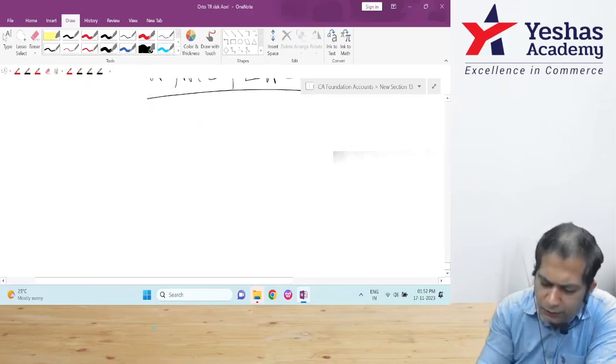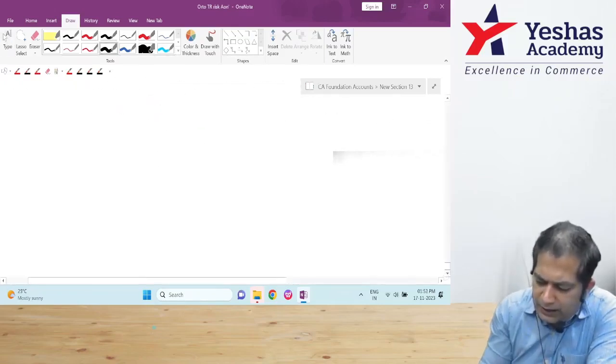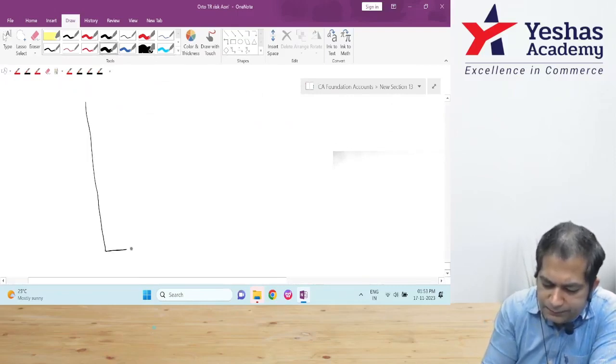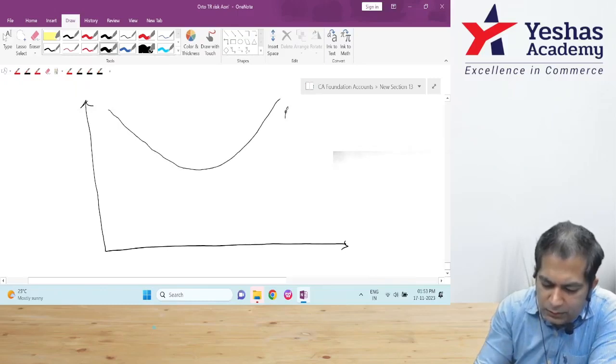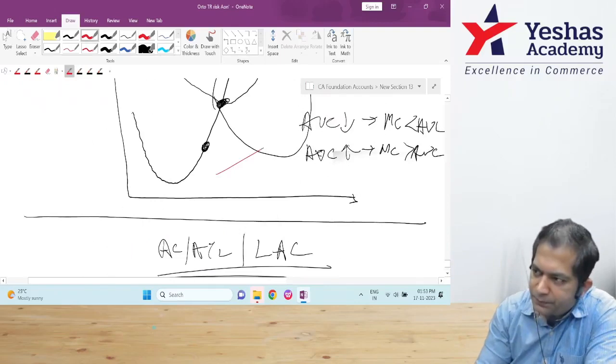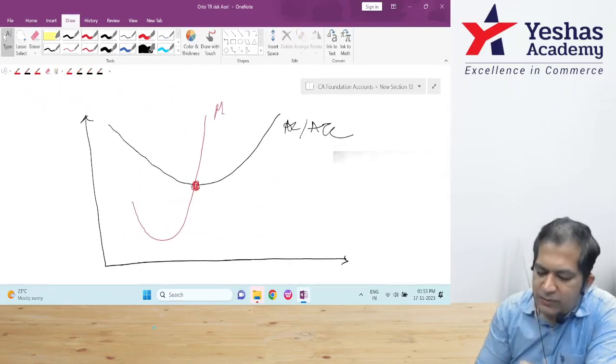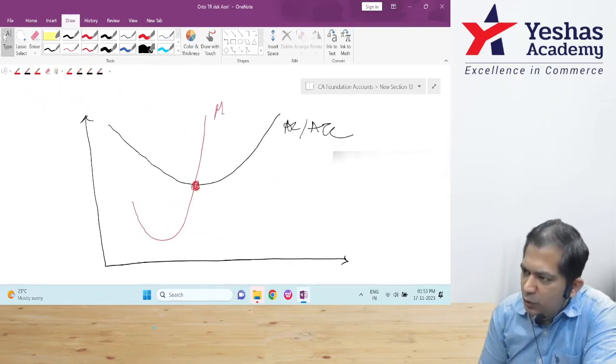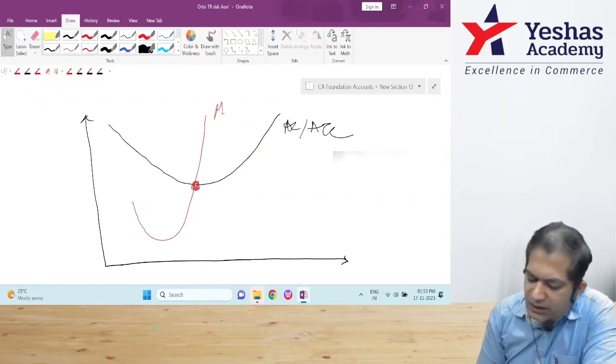Now, if I draw the ATC curve here in the long run, AC or ATC, and this is your marginal cost. Marginal cost cuts the AC or ATC curve from below, the similar point that we discussed here. Again, when AC or ATC has a negative slope, MC lies below. And when AC or ATC has a positive slope, MC lies above.